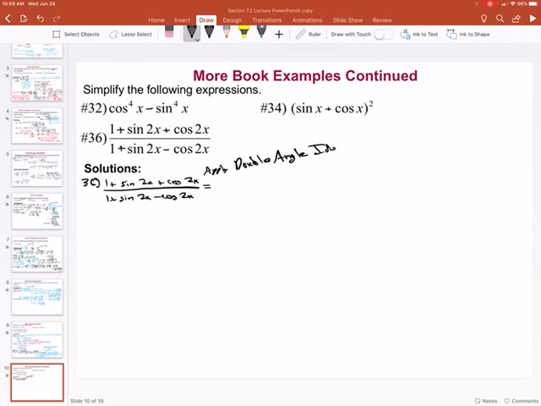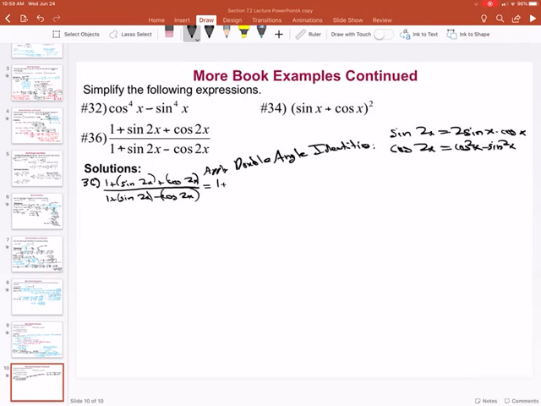So again, remember, sine of 2x equals 2 sine x cosine x. We know cosine of 2x is cosine squared x minus sine squared x. So again, right here, double angles. Let's go ahead and replace them.